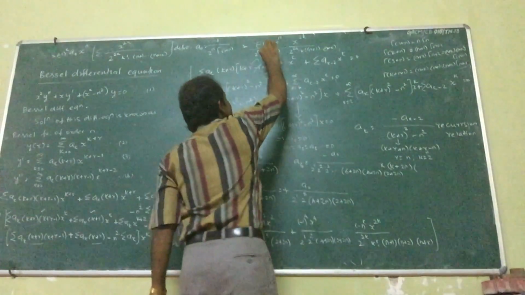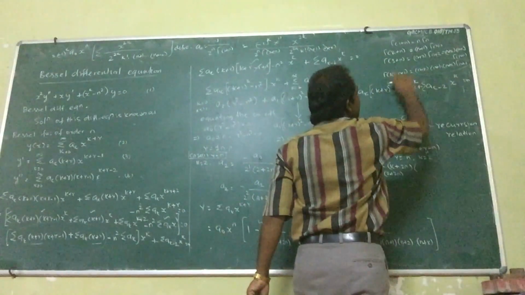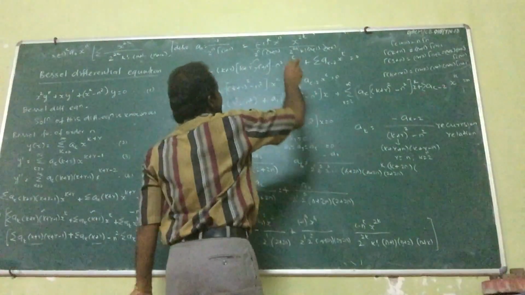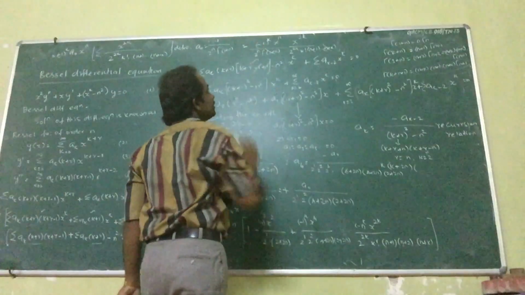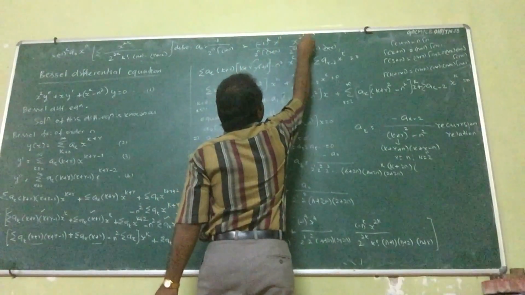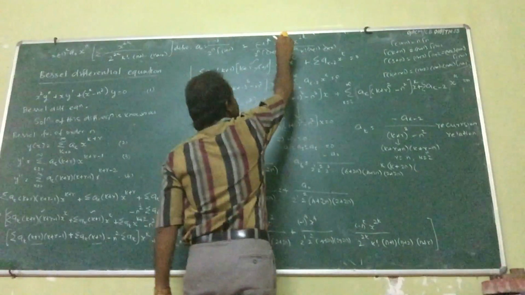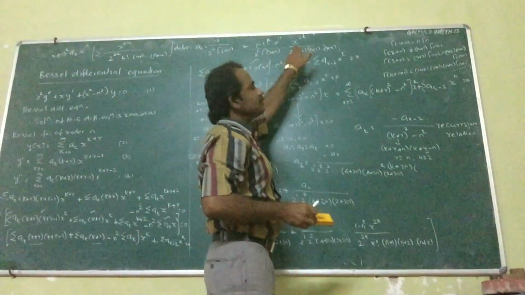I can replace this as gamma k plus n plus 1. The second factor will be x to the power 2k. Here 2 to the power n is here, and here I can write x to the power n plus 2k. Correct? x to the power n plus 2k divided by 2 to the power n is there, and 2 to the power 2k is there.